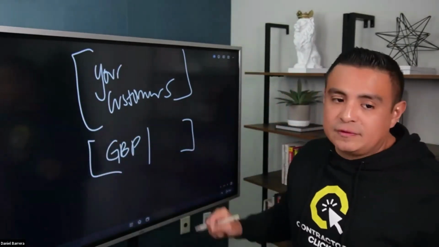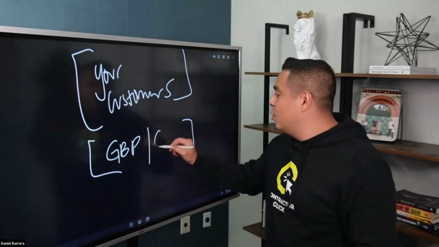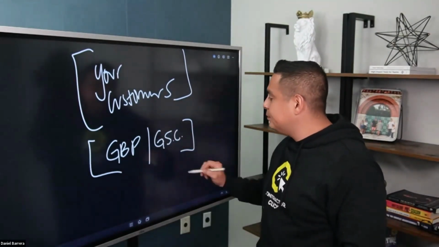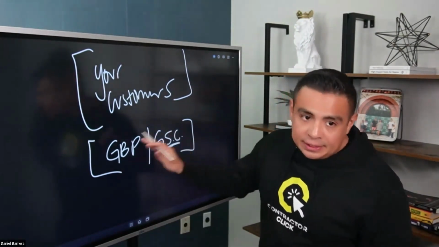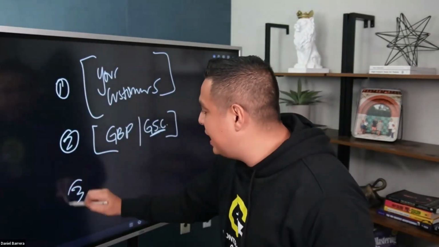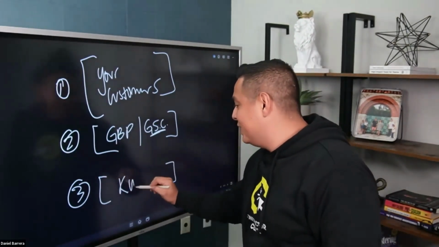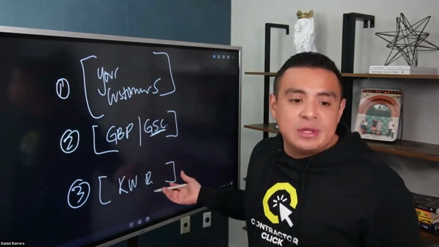We want to know what those terms are so you can build a better strategy. And the last one is the Google Search Console. Underutilized, undertapped, that is number 2 place to get keywords. The last place is doing it the good old keyword research way, which is like what we do here.